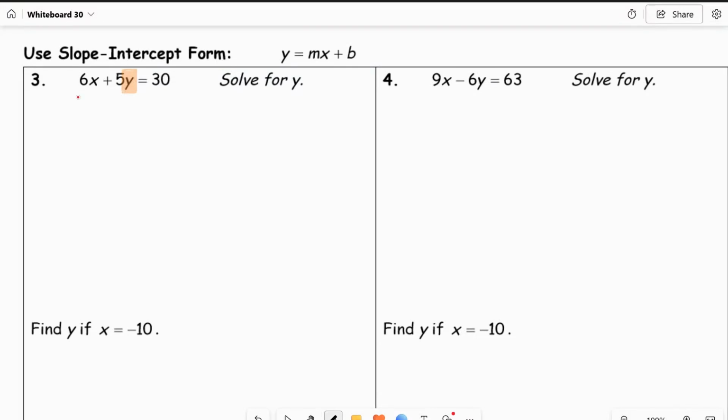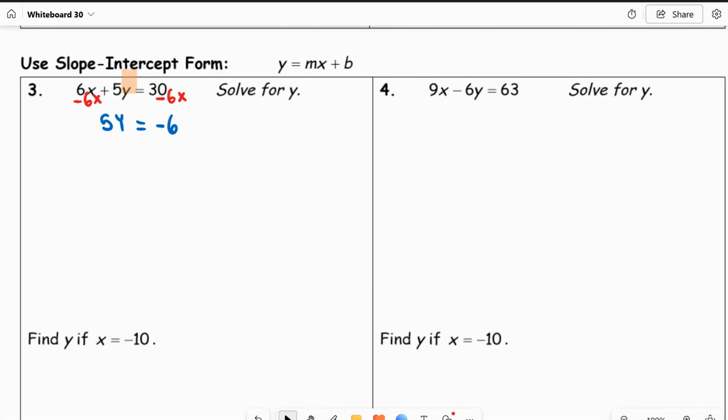So let's get rid of 6x by subtracting 6x from both sides. Okay, that is going to leave us with just 5y on the left side equals 30 minus 6x, but I typically write the variable first, so I'm going to write negative 6x.